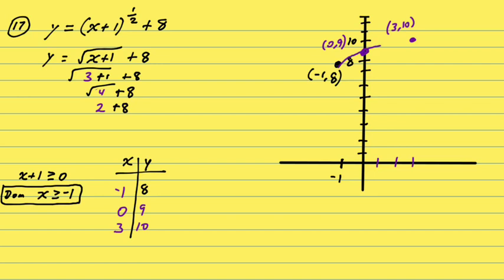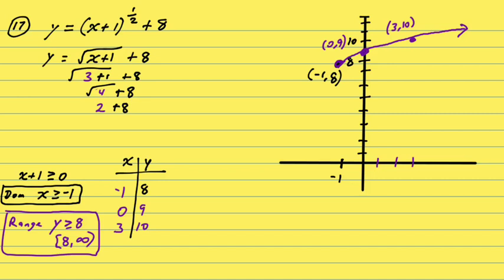And it's going to look like all square roots, which is pretty much half of a parabola. So what is your domain? X has to be greater than or equal to -1. What is the range? What are these y's bigger than? 8. Y is bigger than or equal to 8. Sometimes written as including 8 to infinity. You can never include infinity. So there's domain and range.